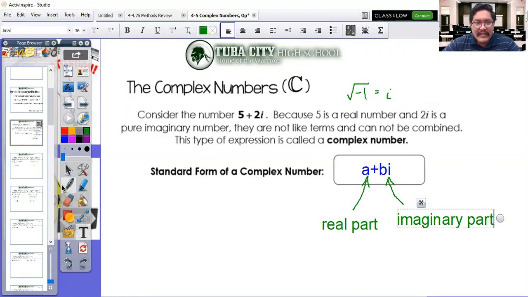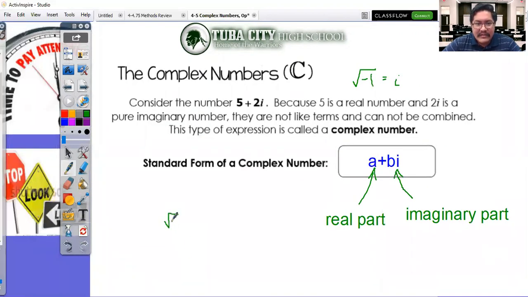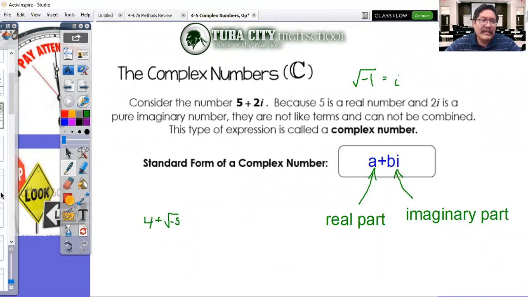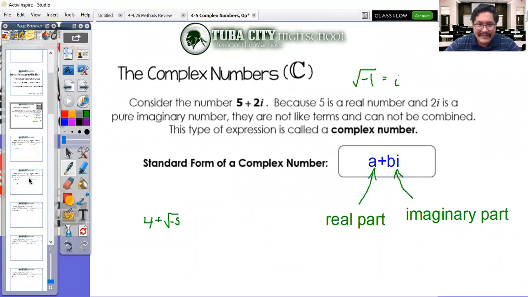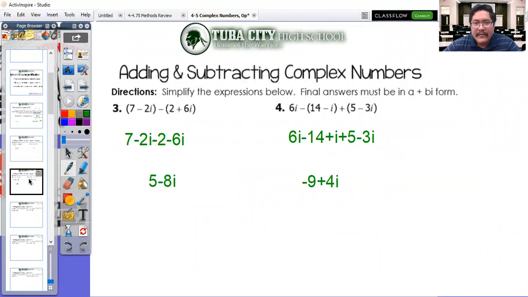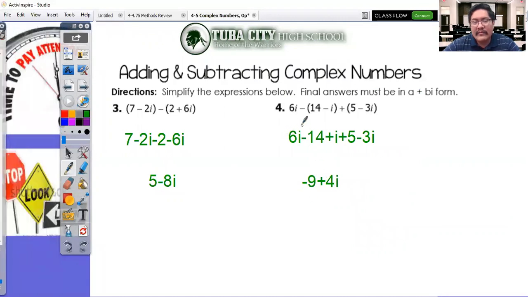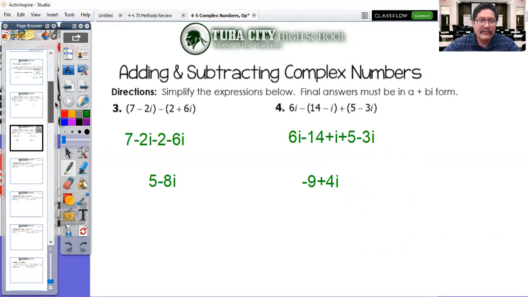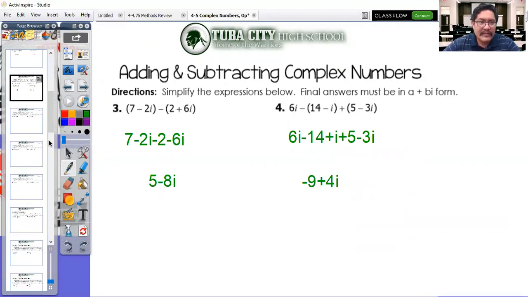Because, you know, you can have something like if I have a square root of negative 5 plus 4 or something. In a way, these would count as the same number. Which again, I know that's confusing, but just try to stick with it, okay? So again, we got to put them in this order, even though normally we get into that habit of putting whatever we find first, first. So make sure that we do that.